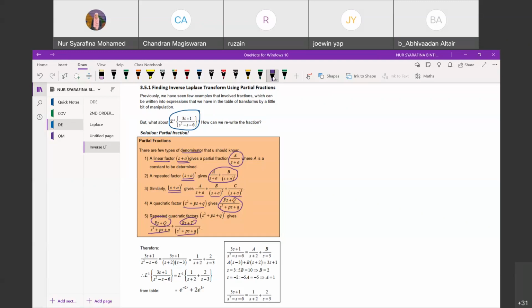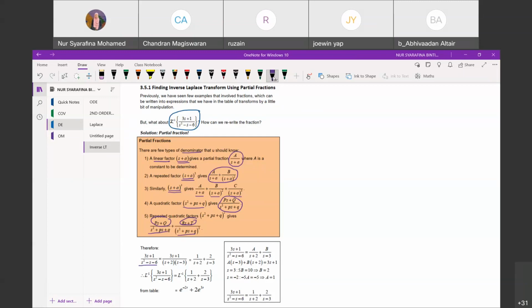at the example here. We have 3s plus 1 over s squared minus s minus 6. First, what you need to do is to simplify, is to factorize. You can use your calculator. Check whether s squared minus s minus 6 can be factorized directly based on your calculator.